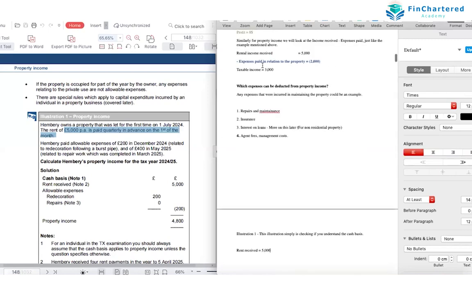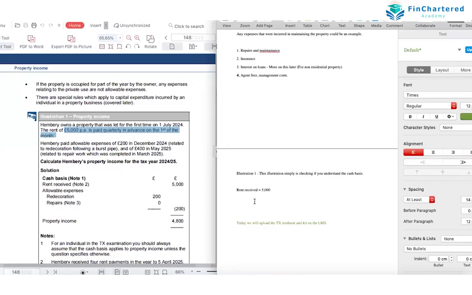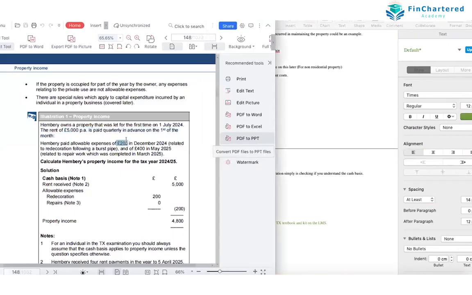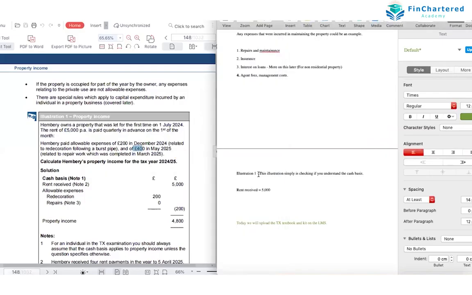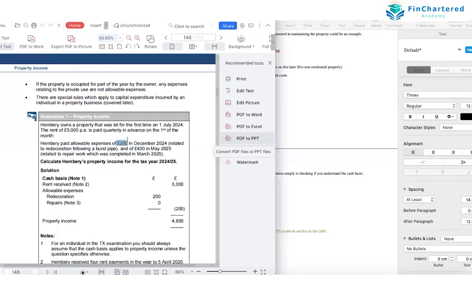And simply deduct the expenses paid. And there are 2 expenses paid, 200 and 400. As I said, this illustration is simply checking if you understand the cash basis. What do I mean by that? See, I paid 200 in December 2024.